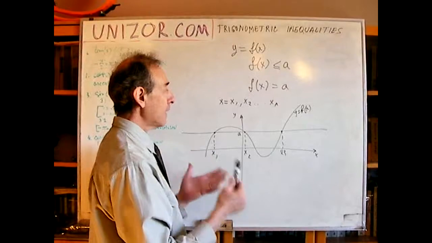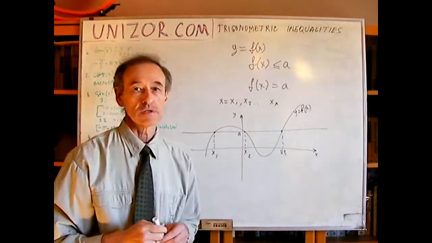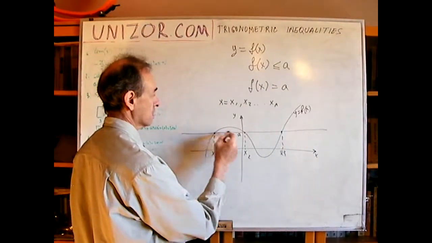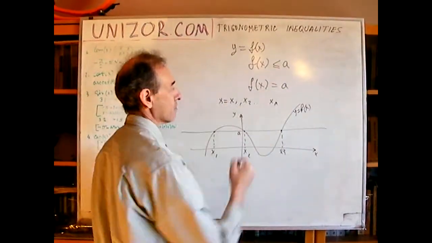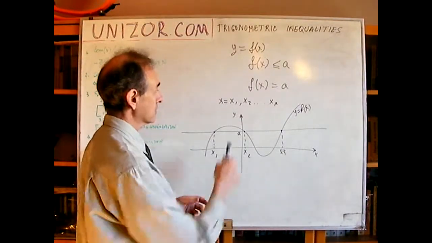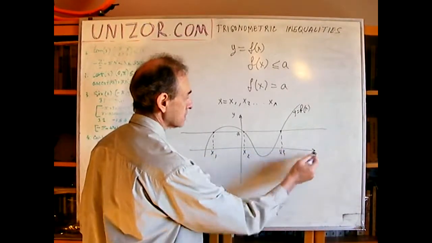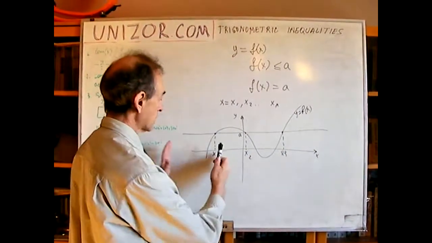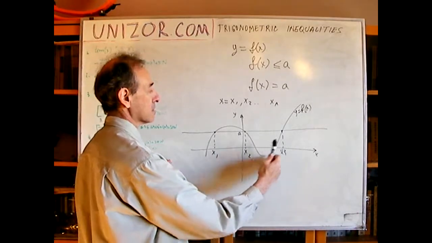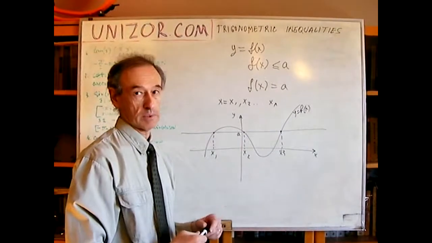So to find out where exactly these particular conditions hold, we have to find the points where the corresponding equation becomes an identity, and then examine all the intervals in between these points: less than x1 in this particular case, between x1 and x2, between x2 and x3, and greater than x3 in this particular example.